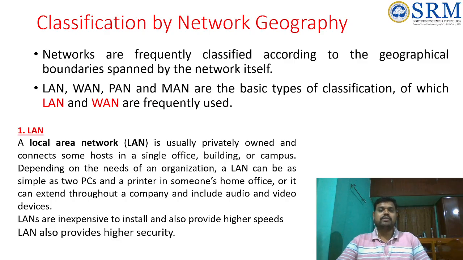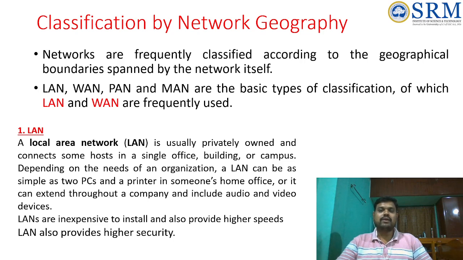Now we will discuss the types of geography based computer networks. Local area network covers only the smallest geographical area, basically a few 100 meters. So a LAN will be used within a small room or small building.